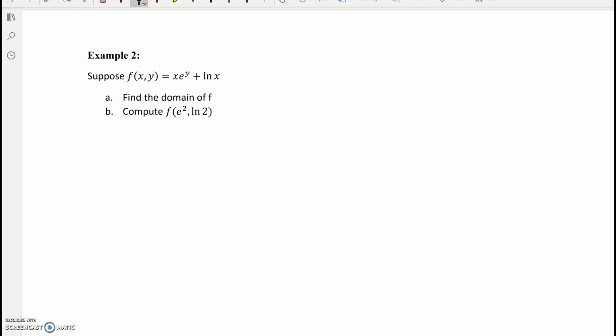Okay, example 2 is very similar to that one. We still want to find the domain and compute f of e squared comma ln of 2.